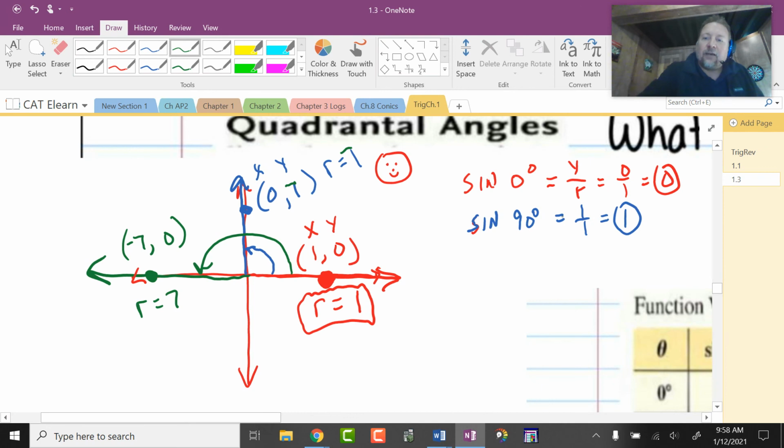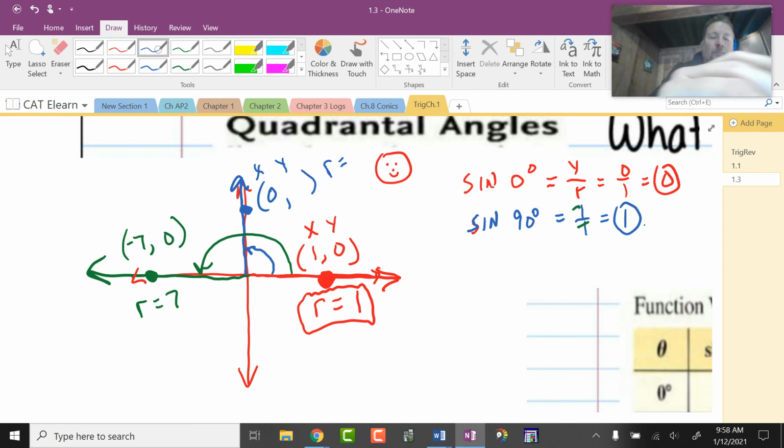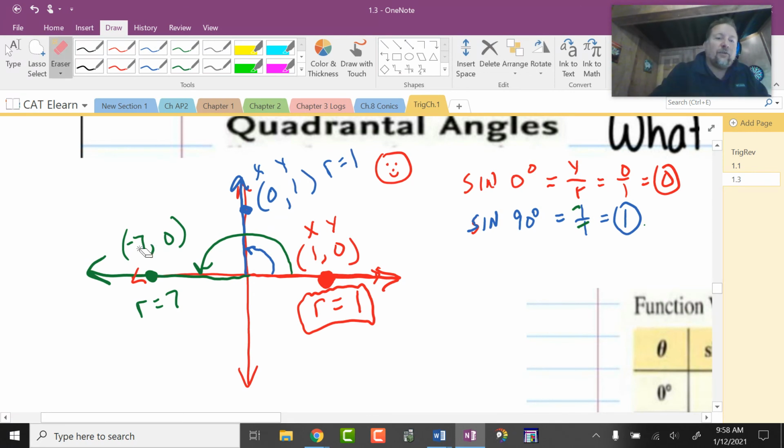R is equal to 7. 7 over 7 is still 1. So it doesn't matter what coordinate you choose that this terminal side comes through, and it is a choice. It is something that you are going to have to come up with. That's why we do the ones instead of any other numbers. We make our life easy, and we got to make these choices.